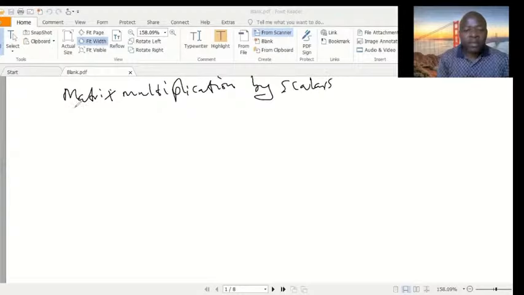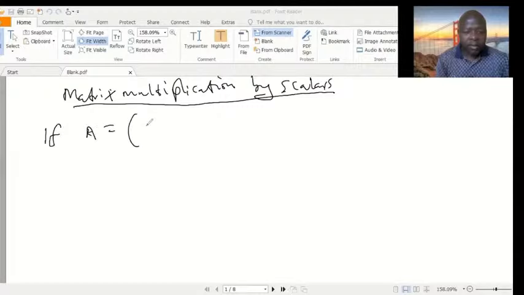A scalar is just a number, just a constant. Now, if A is [2, 4; -1, 3], find 3 multiplied by A.